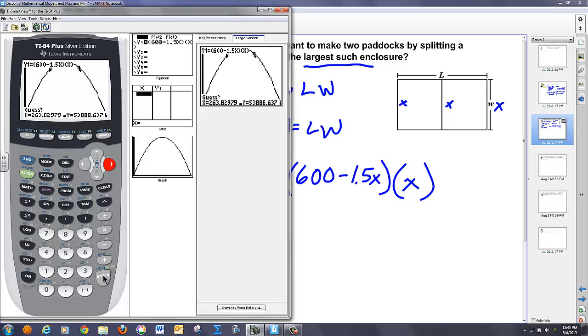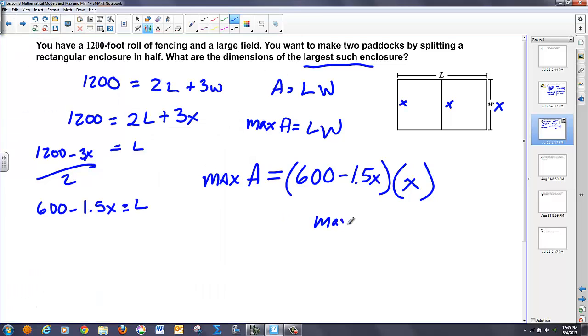Hit enter and enter a third time. And we end up with a large maximum area of 60,000. That's our y value once again.